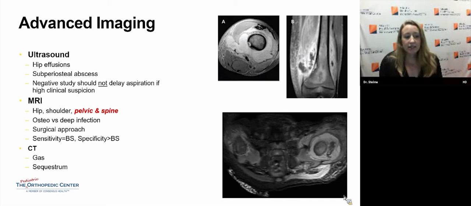All right, and a CT scan can show gas related to the development of the infection, and also can characterize that sequestrum, or that walled-off infection in the bone. And on the right here, I have some MRI images showing that diffuse infection in the bone, but also the development around the bone.